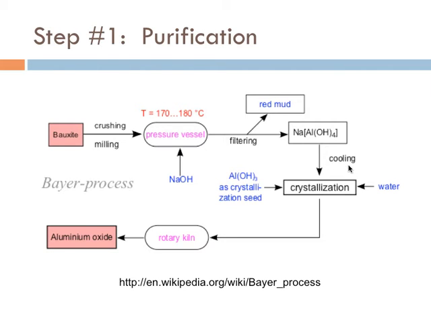Cool that down, it's going to crystallize. Add some water. In order for it to crystallize, by the way, you do have to add some aluminum hydroxide into it. Water, put it in a dryer. That's what a kiln is. It's basically a big oven that rotates, and you end up with your aluminum oxide.